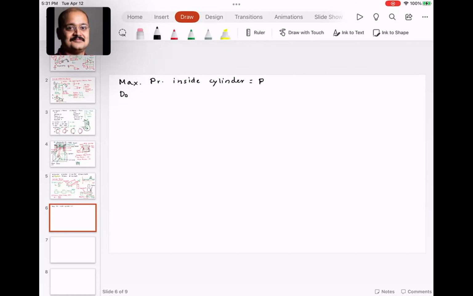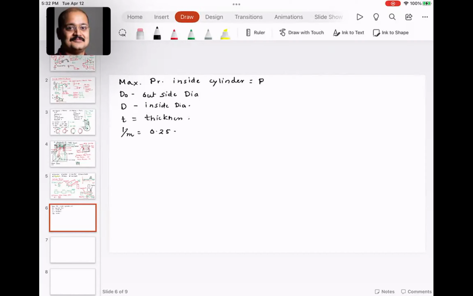You have DO, which is the outside diameter. You have DI, or just D, which is the inside diameter. And you have t, which is the thickness. And you have 1 over m, which is the Poisson's ratio, 0.25.